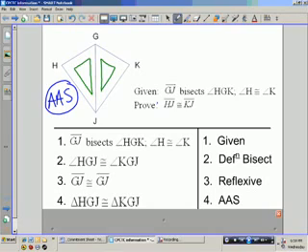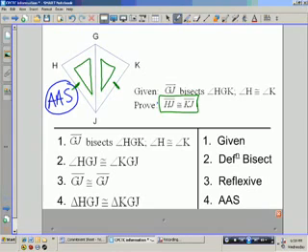And guess what they're asking us to show? They want us to show that two sides are congruent to each other. And it works out really well because HJ right here and KJ right here are corresponding. Since they're in the same position, inside two triangles that we know are the same size, they must be congruent to each other.